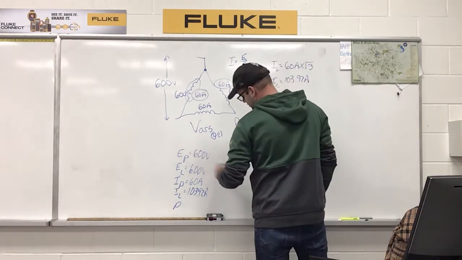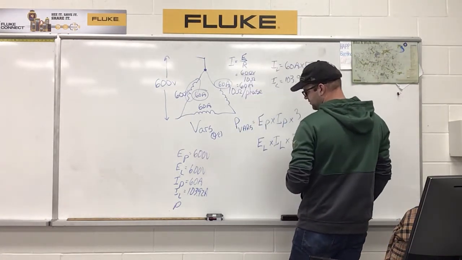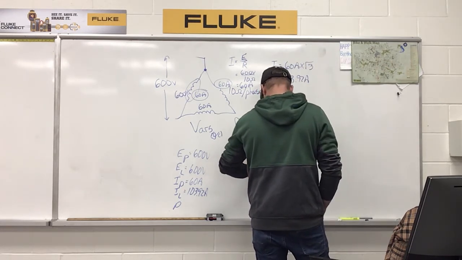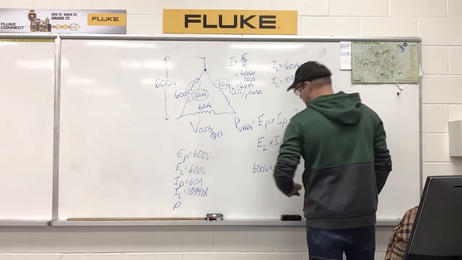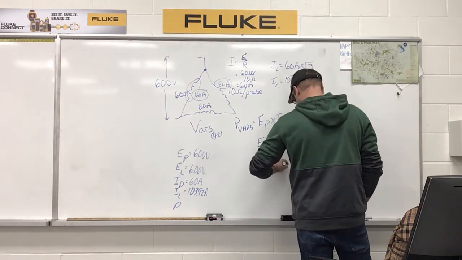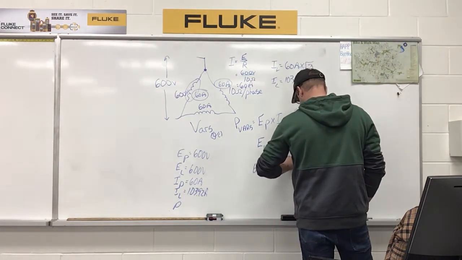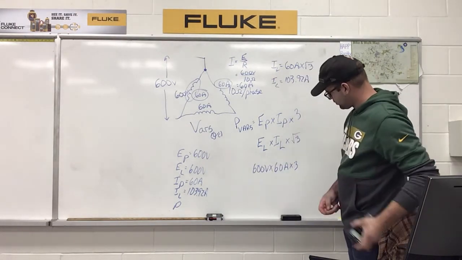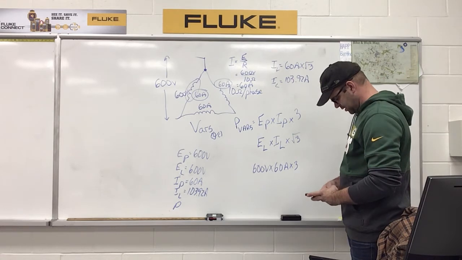So let's just do our phase values for E's. We've got 600 volts times 60 amps times 3. So 600 times 60 times 3.